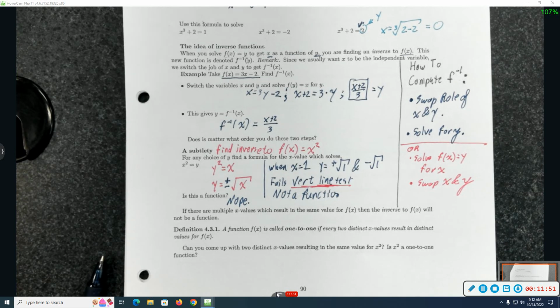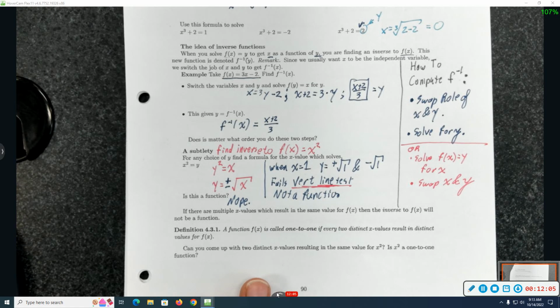A function is called one-to-one if every two distinct x values result in distinct values for f of x. So that's a lot of words, and the logic in the statement is a little bit complicated. A function is called one-to-one if whenever you take two distinct x values, you always get two distinct y values. So a function is not one-to-one if there exists a single pair of distinct inputs that give the same output.